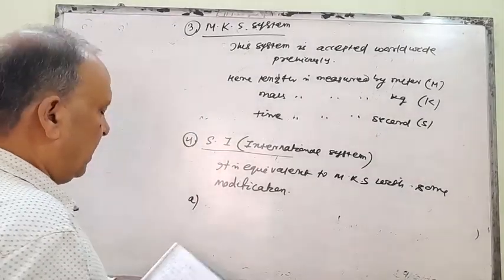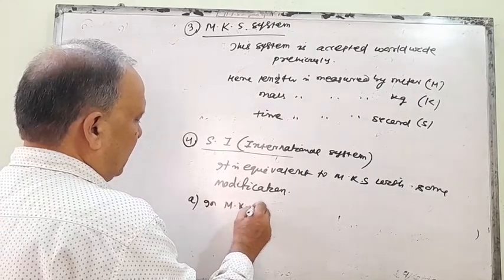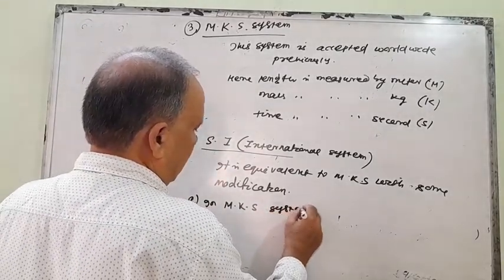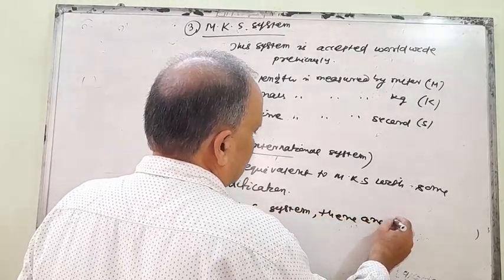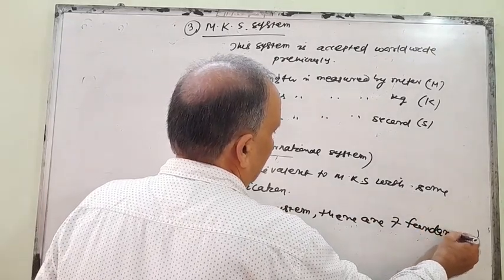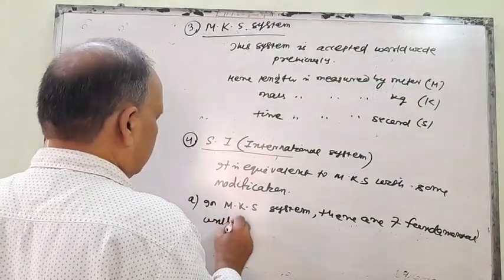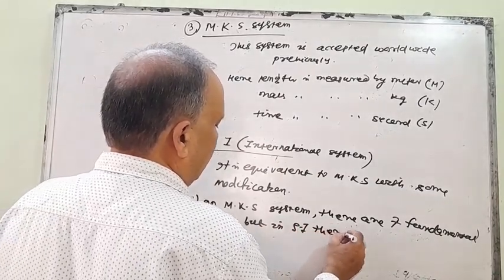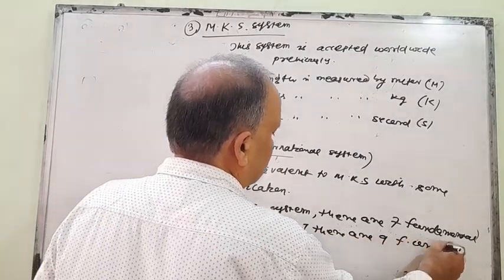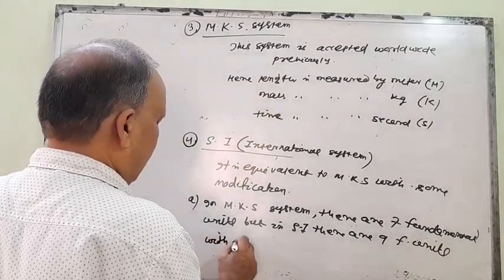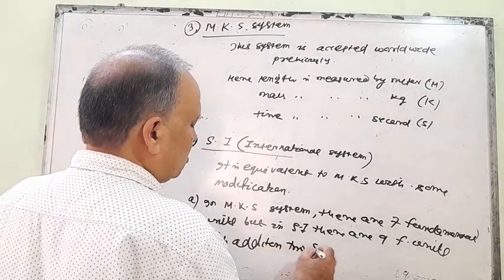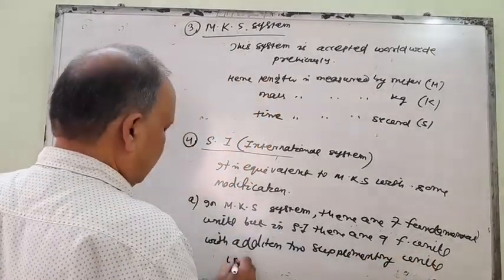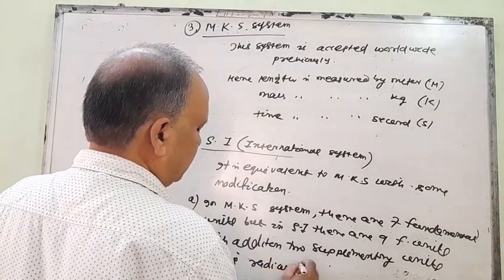Your first point: in the MKS system there are 7 fundamental units, but in SI there are 9 fundamental units, with the addition of 2 supplementary units, that is radian and steradian.